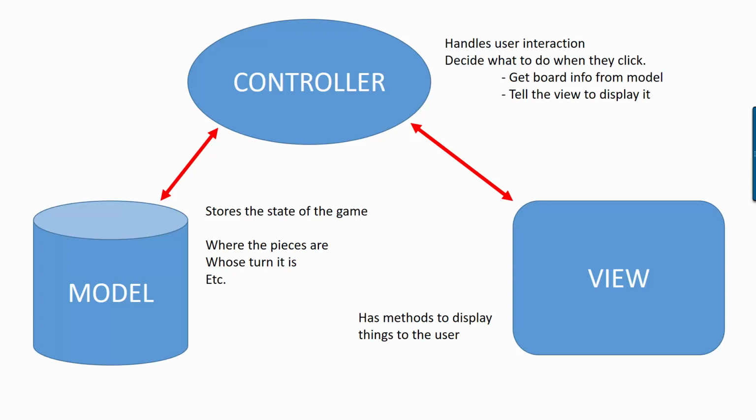And the view might tell the controller, yeah, they clicked in row 5, column 4. And then the controller might ask the model, hey model, do we know what game piece is located at row 5, column 4? And the model might say yes, and then the controller might tell the view to change something else. So that's the way the interaction happens. Usually the model and the view don't interact with each other directly.